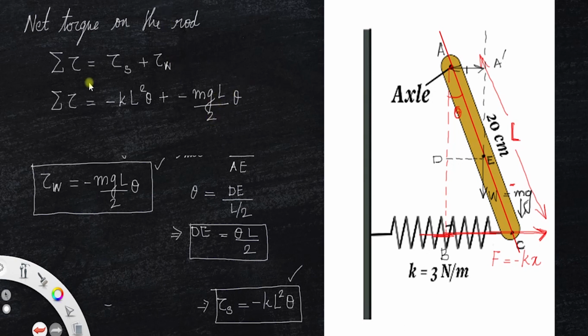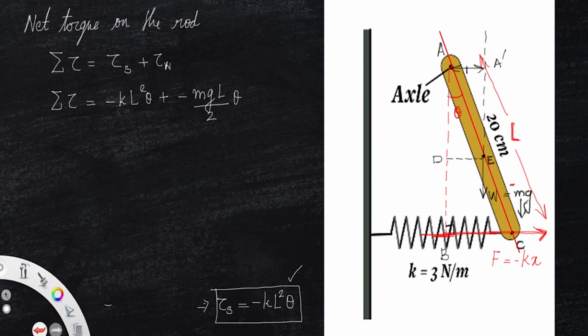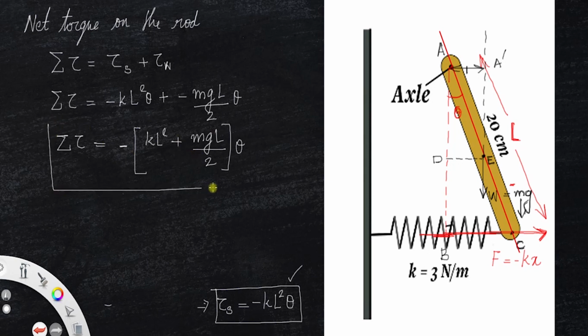Or you can take the negative sign outside. So the net torque acting will be tau equal to minus of k L square theta plus mg L by 2 theta. You can put the theta outside also, but it's better this way. So this is the net torque acting on the rod.